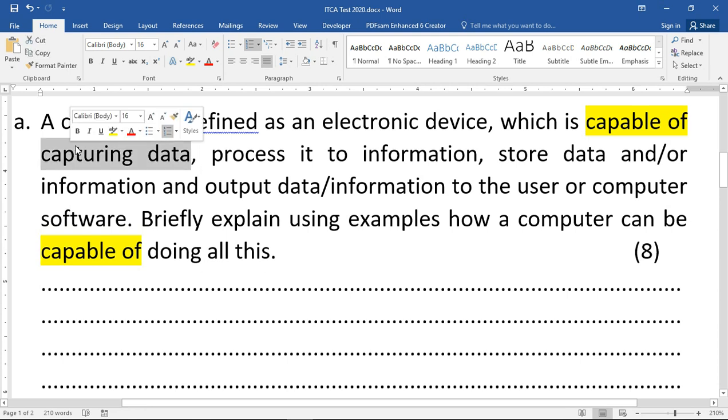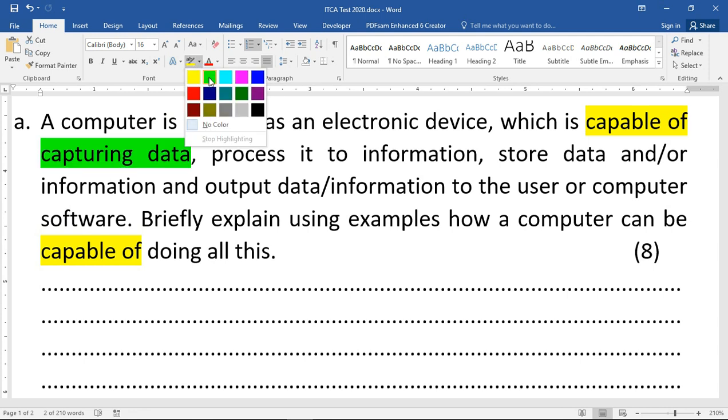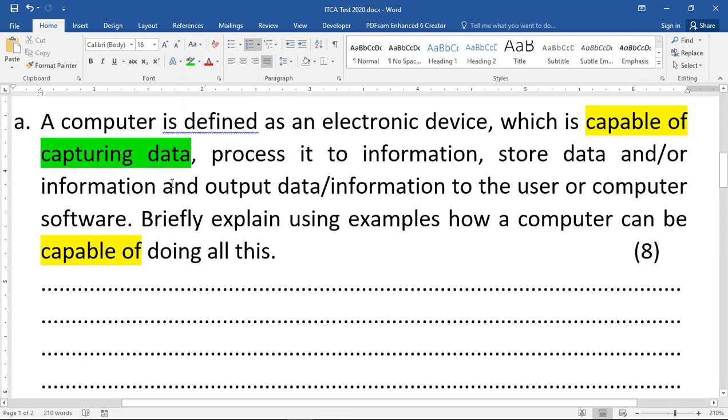Capturing data. Now, when we look at this, we need to know how does a computer capture data, and what kind of data can a computer capture? That's another question that comes into your mind, and many more questions can be extracted from this kind of topic.